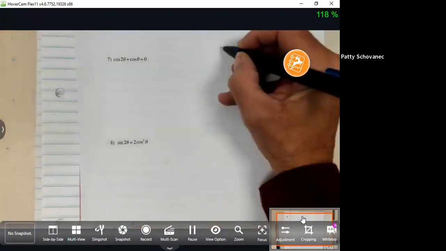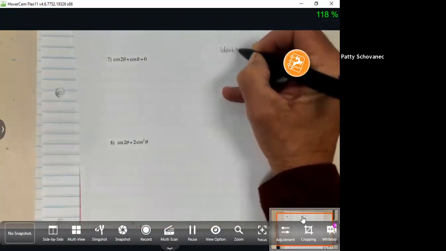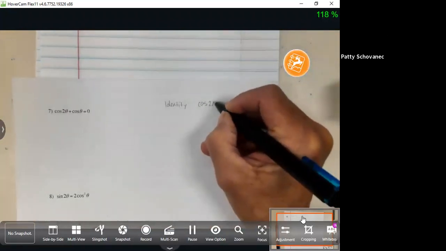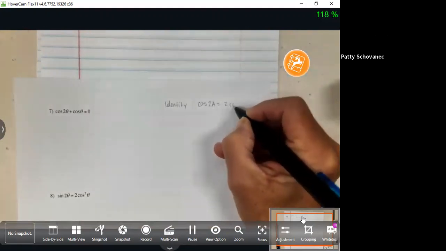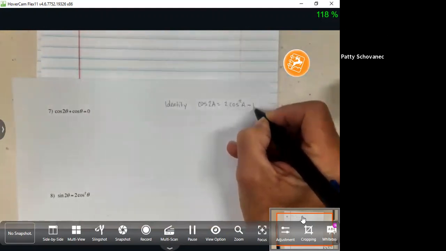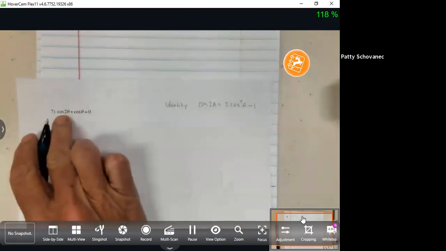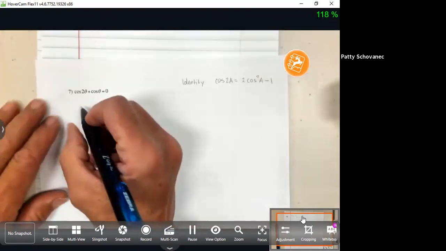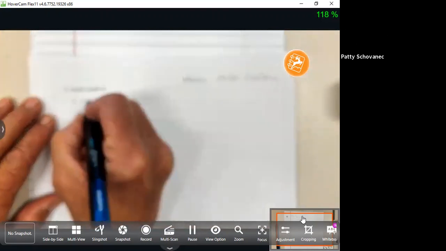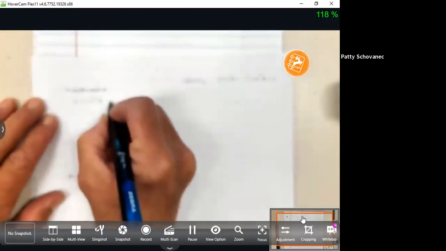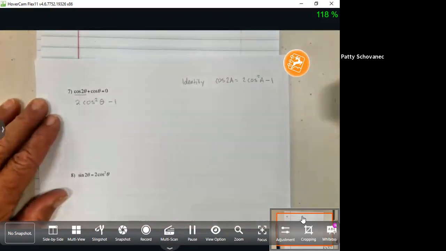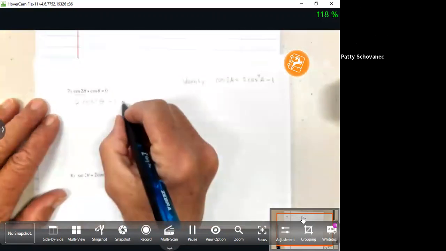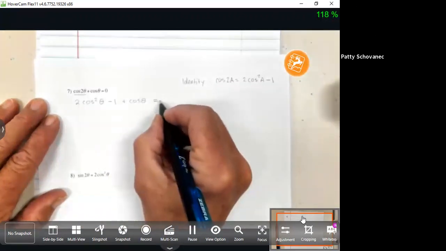I'm going to use this identity: the cosine of twice an angle is 2 times cosine squared of the angle minus 1. So I'm going to put that here using the letter theta instead of a. So I'll have 2 cosine squared theta minus 1 as that slot, plus cosine of theta is 0.